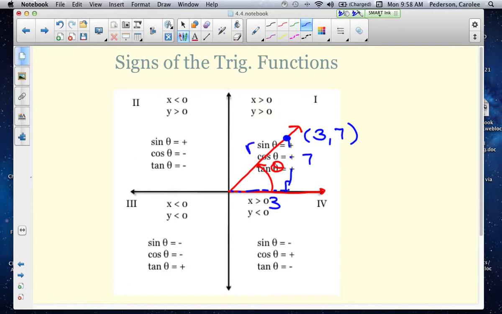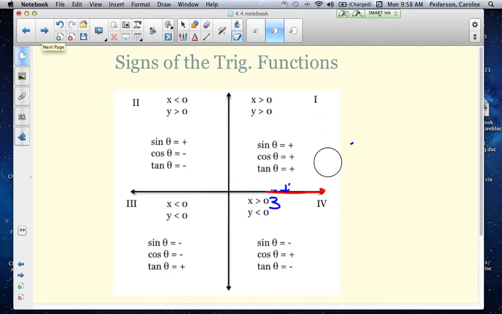And then I have my radius. What this is telling me is all of my sine values are going to be positive, and my cosines are going to be positive. Now if I erase this, you can see the rest. When I switch quadrants, my sines and cosines, positive and negatives, are going to change.